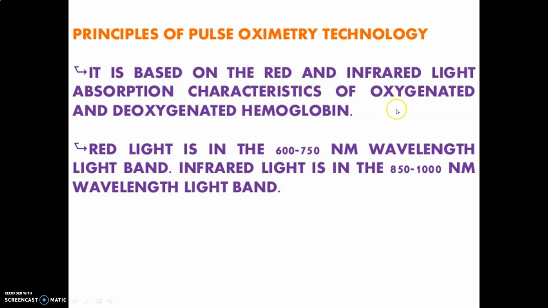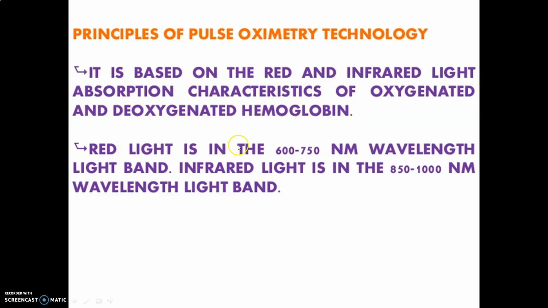Red is absorbed by oxygenated hemoglobin and infrared by deoxygenated hemoglobin. With the help of this light only we are able to detect how much saturation is there in your body, and how a human being's pulse is beating.